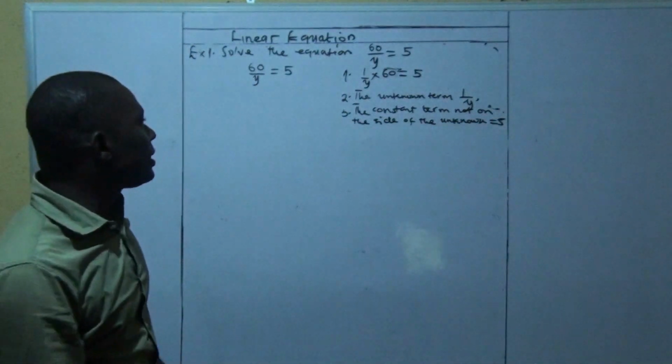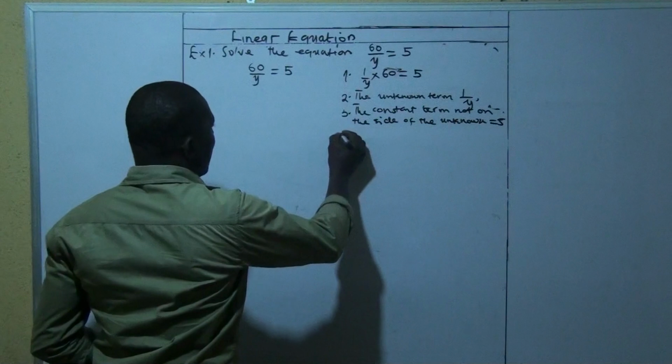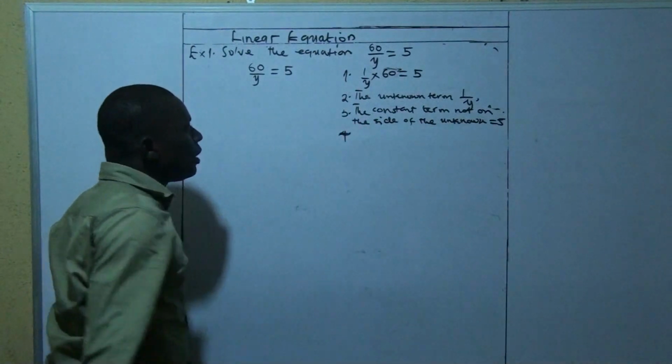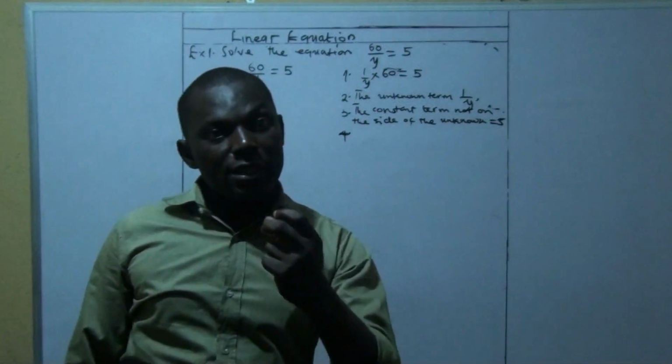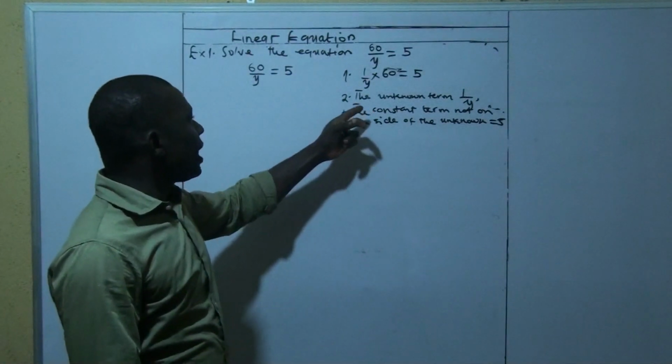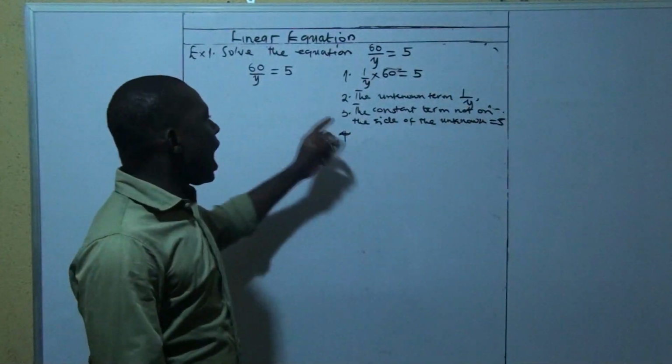So we have identified it. And step 4 specifies that we should find the reciprocal, the multiplicative inverse of what we have here, of this and this.